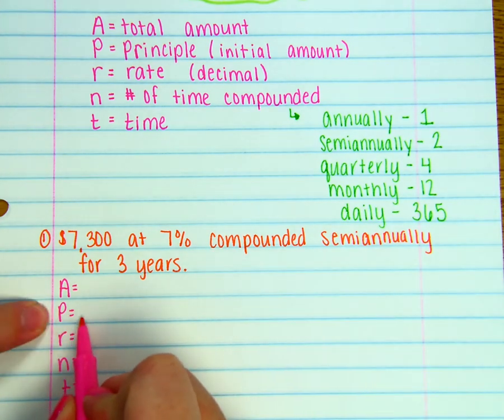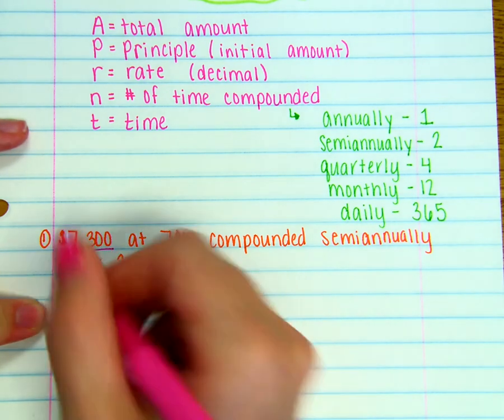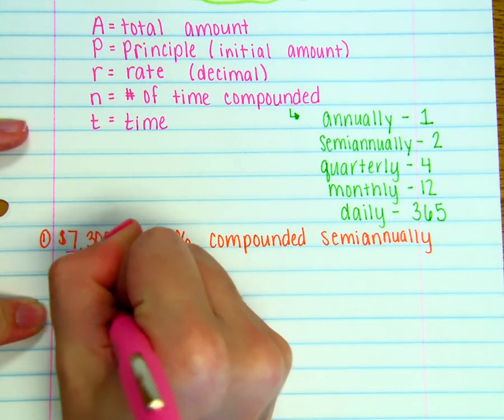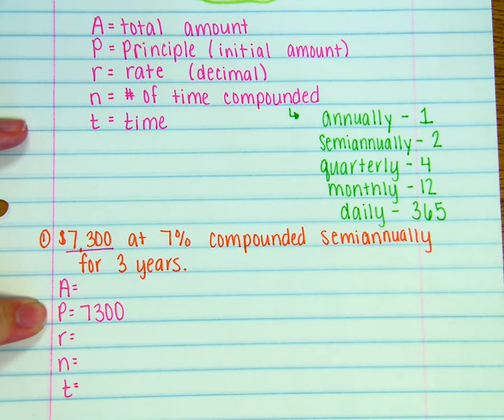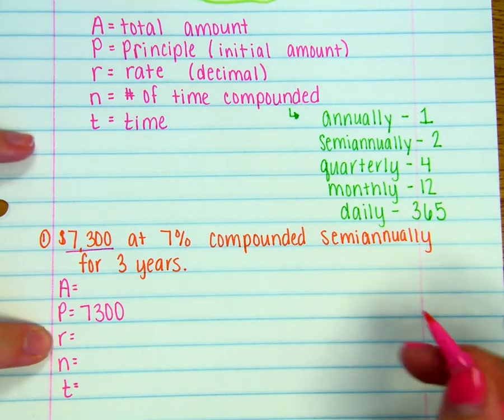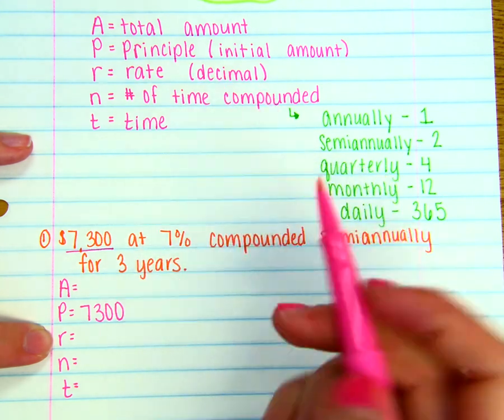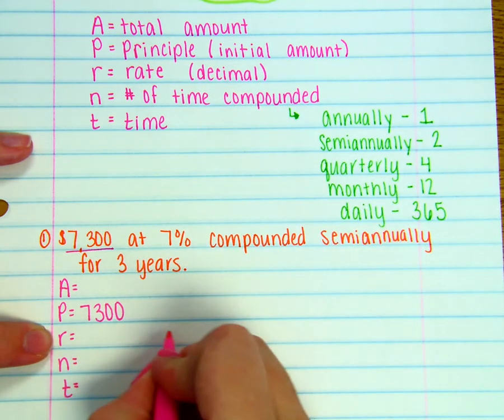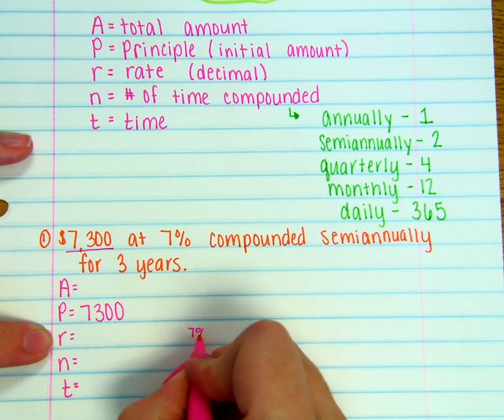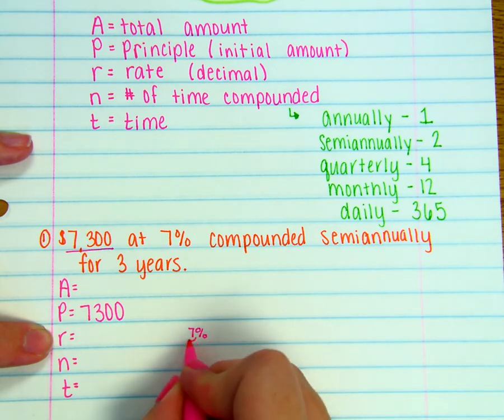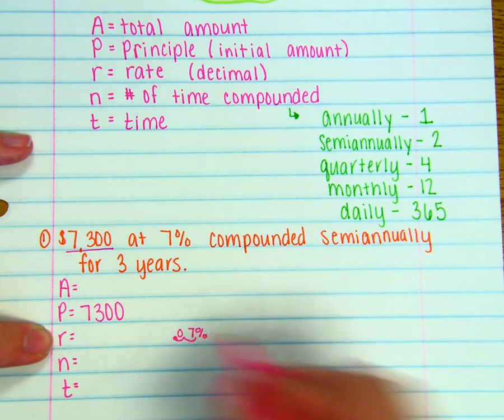P is how much it starts at. That's what we're given here, the $7,300. That's the principal amount, what's invested. The rate is our decimal. Here they give it to us as a percent, 7%. To turn that into a decimal, we move it 2 places to the left.